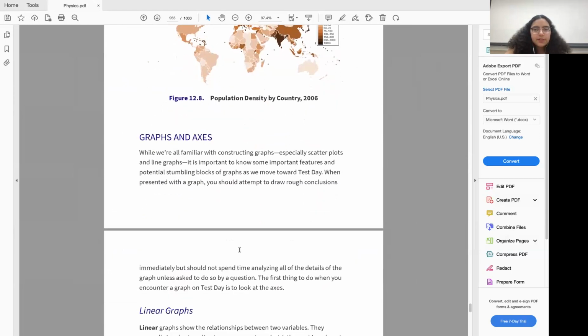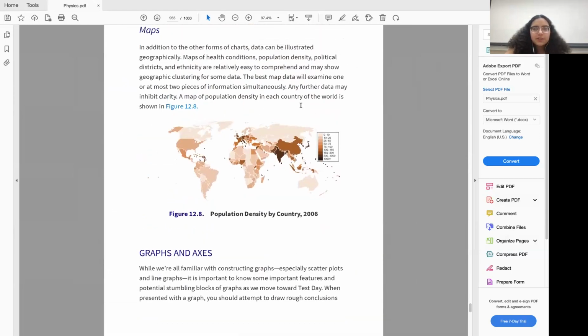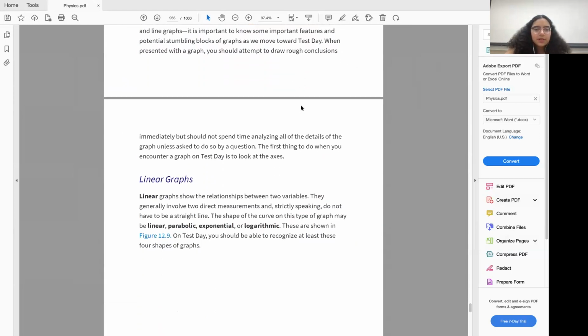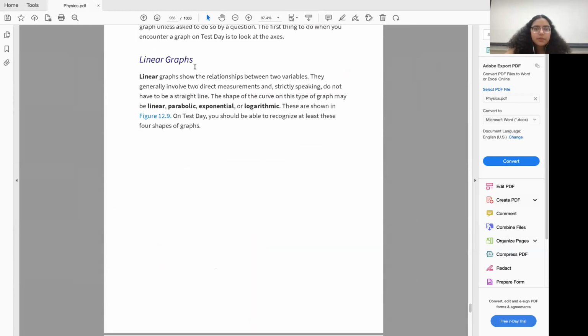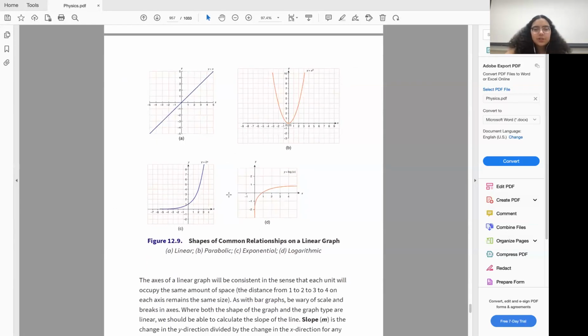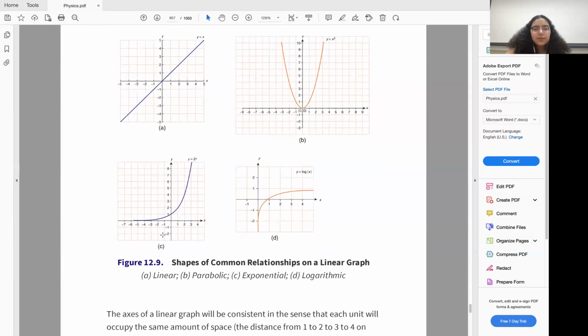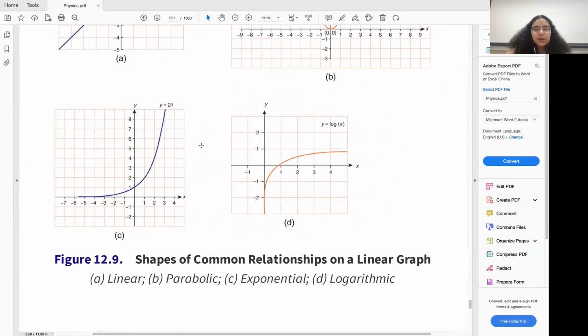Maps, obviously, and then you could have a color scale tell you data about it. Yeah, relationships, you can have linear, parabolic, exponential, or logarithmic. So the exponential and logarithmic are just inverses of each other, as you can see. They're flipped across the y equals x line because one undoes the other.